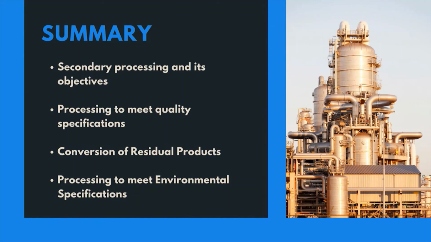Then conversion of residual products into valuable products, which happens through multiple techniques known as thermal cracking, fluid catalytic cracking, or hydrocracking. Then finally, processing to meet environmental specifications. It can be removal of sulfur compounds or improvement of color or the stability index. So, that is what we have learnt.